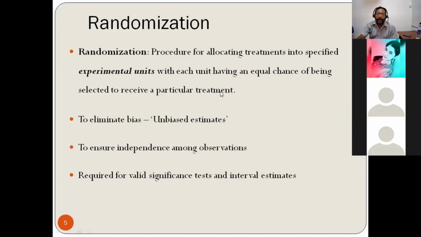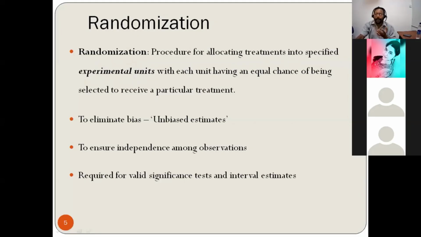So basically, what we are expecting in randomization is the way that we allocate treatments. In simple terms, how are we going to allocate the treatment to the experimental unit?